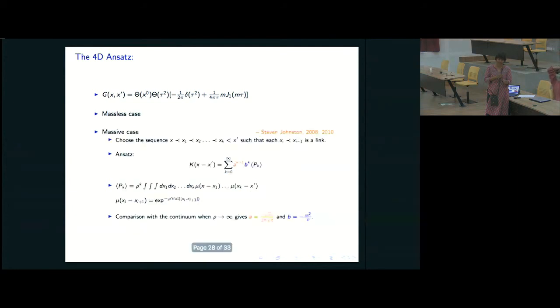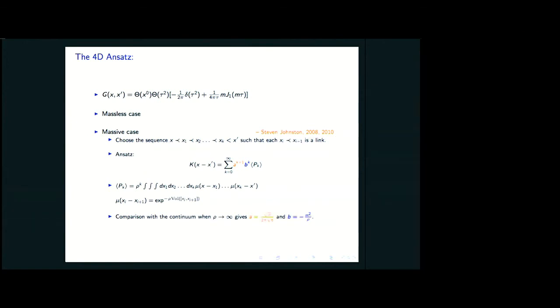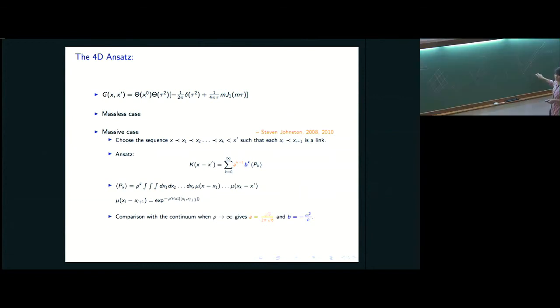And the massive case, again, was dealt with by Stephen Johnston. He basically looked at sequences which are different from the ones we use in 2 dimensions. Earlier the sequences were just relations; we just said any sequence of this sort, right? But here, in 4 dimensions, you need to look at sequences where each of these is a link.